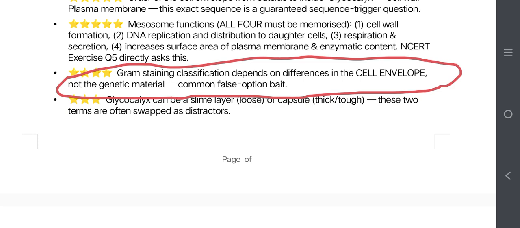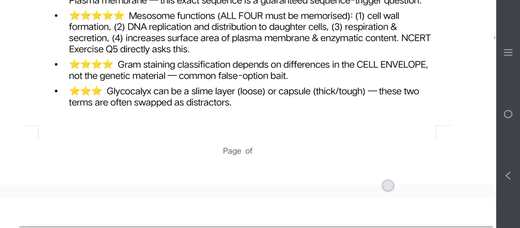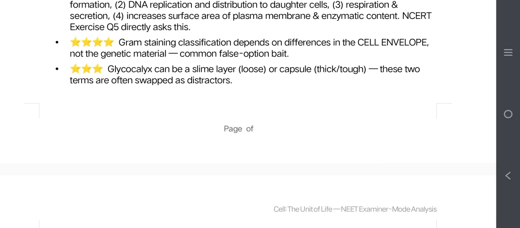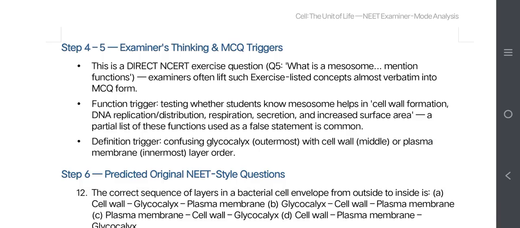Common faults: glycocalyx can be a slime layer or a capsule, and those two terms are often swapped as distractors. So step 4 to 5 is examiner's thinking and MCQ triggers.